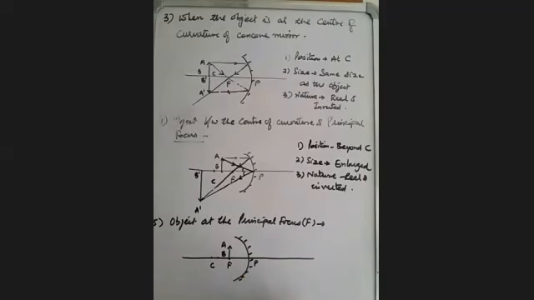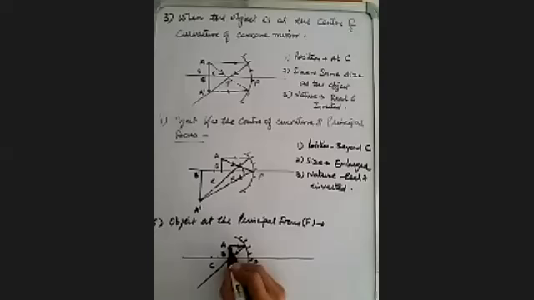So let us consider a ray parallel to the principal axis once again. And we know this ray passes through the principal focus after reflection. So this is the reflected ray. Another ray we can consider is passing through the center of curvature.